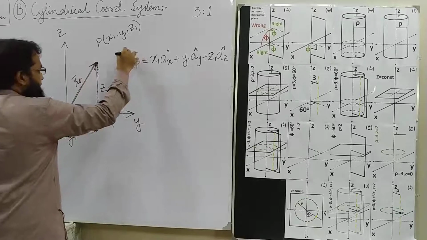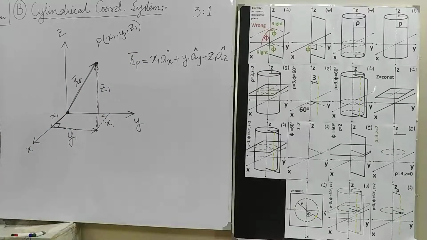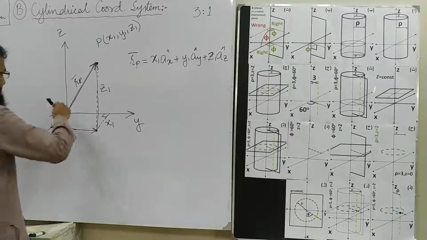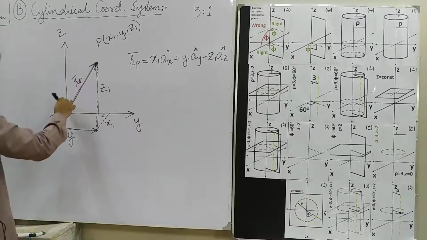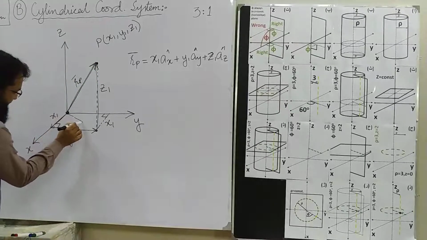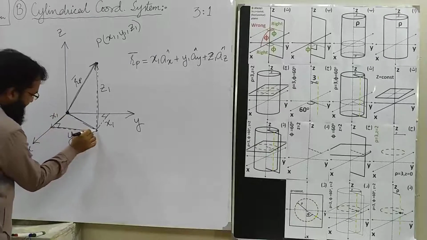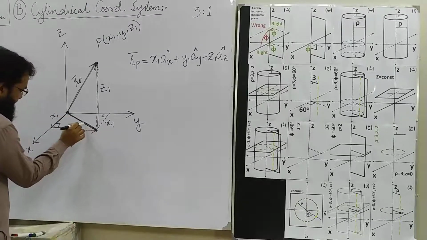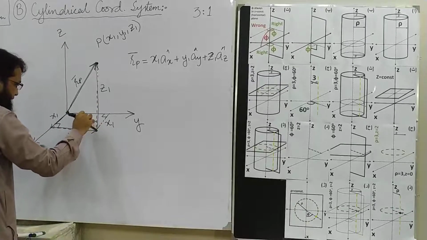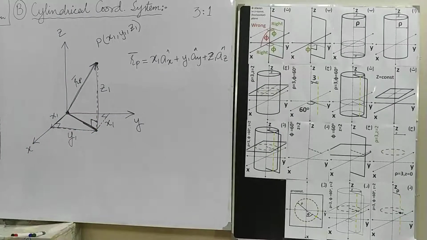The bar on the top is mandatory for you all to write because it shows that this RP is not a variable, rather it is a vector. If I draw the projection of this whole vector on the xy plane, I get this line. Since this line is on the xy plane, this vertical line is perpendicular to this plane. This is something you all know.